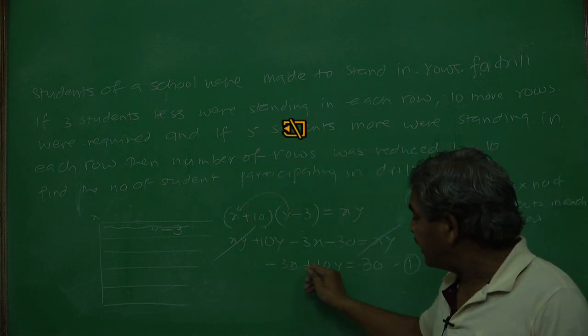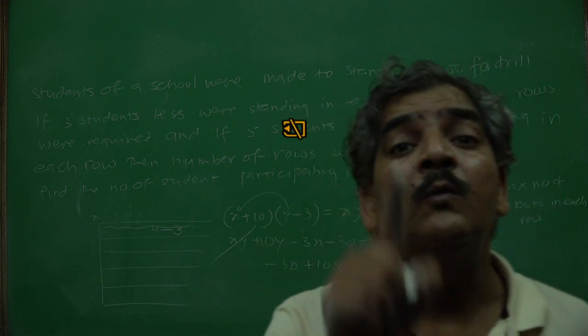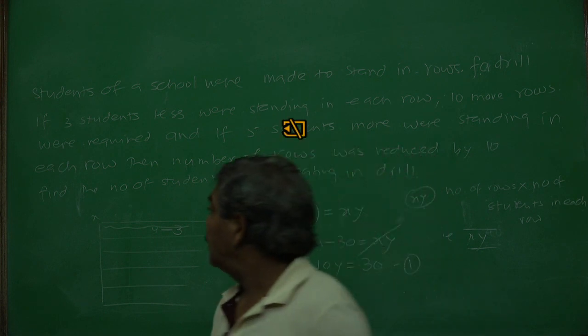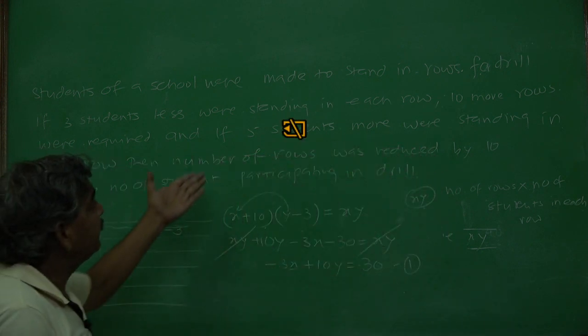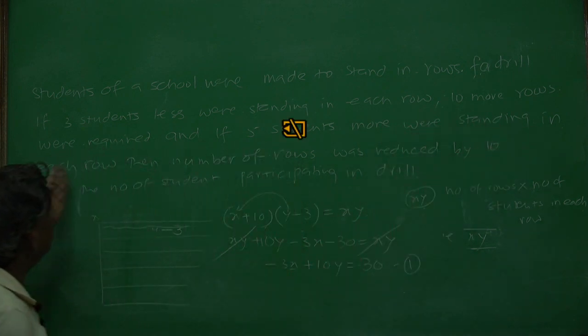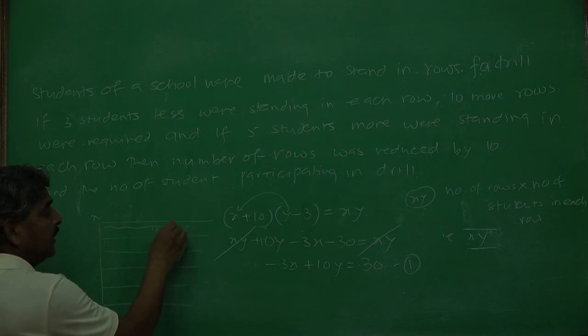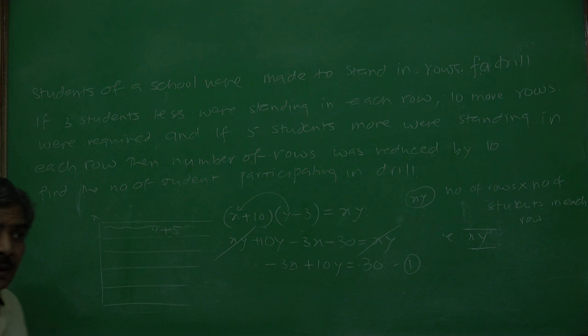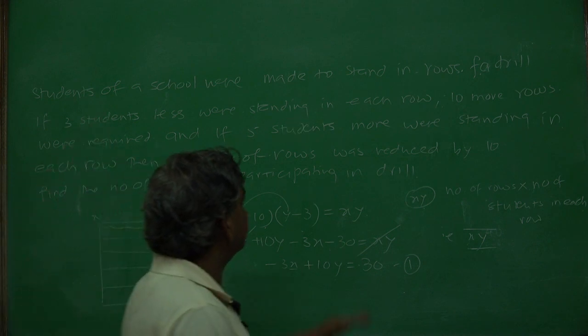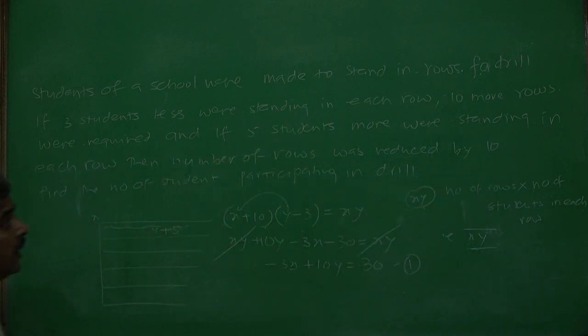So here I generated one equation in X and Y. Now I need one more equation in X and Y. Can I generate one more equation? Yes. If 5 students more were standing in each row, meaning the number of students I increased by 5, the number of rows gets reduced by 10. इसका मतलब क्या हुआ?